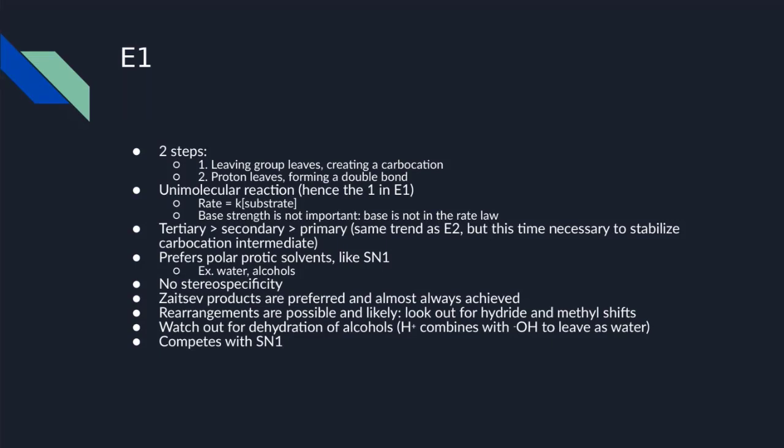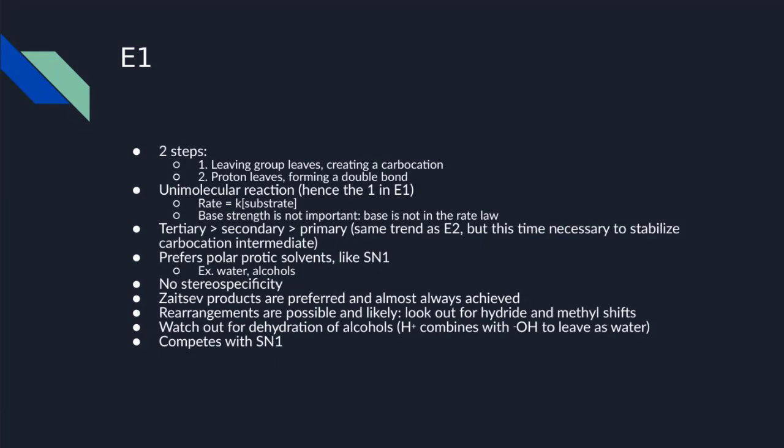I don't think there's ever a case where you would get a Hofmann product, because you're using a weak base here, and you can rearrange your carbon with the hydrogen on it to be however you want to make it anti-coplanar. So for this reason as well, rearrangements are possible and they're likely. Ria mentioned earlier in the PowerPoint the different types of rearrangements that we had in SN1.